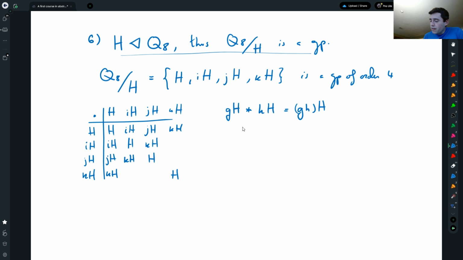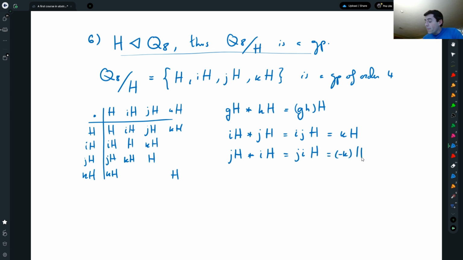So let me say that in here, iH times jH is ijH, which is kH, and jH times iH, that is jiH, which is minus kH, but that coset is the same as kH. So I do get commutativity here, even though the original group was not commutative.